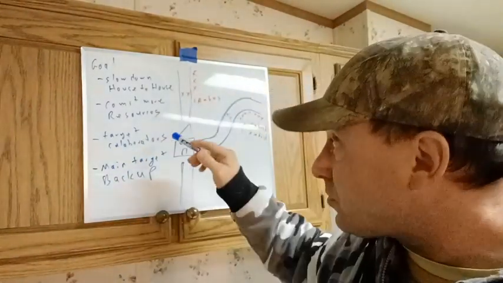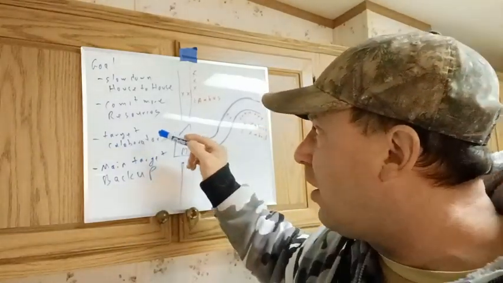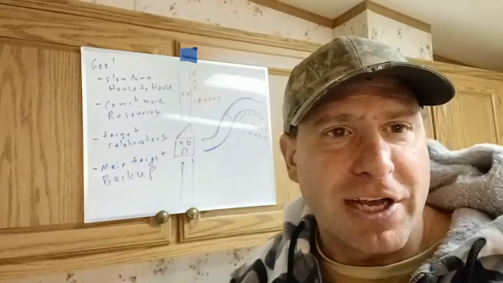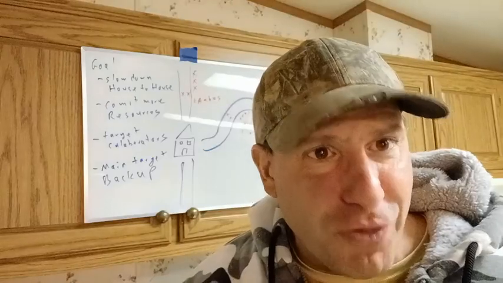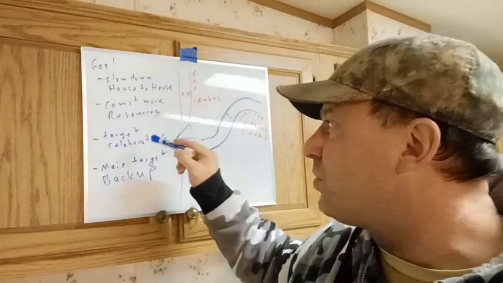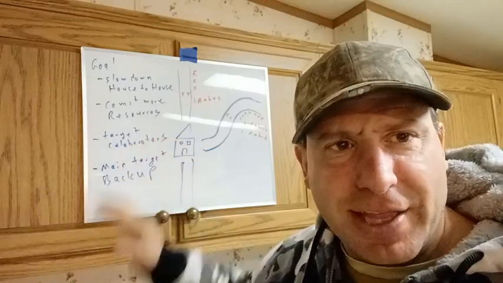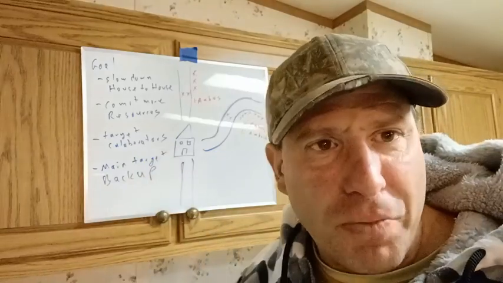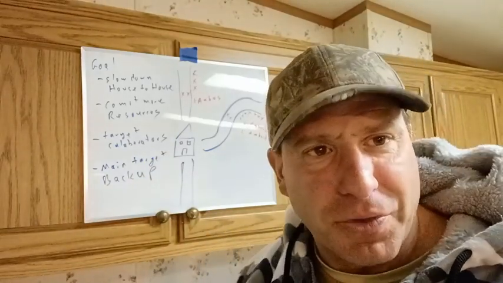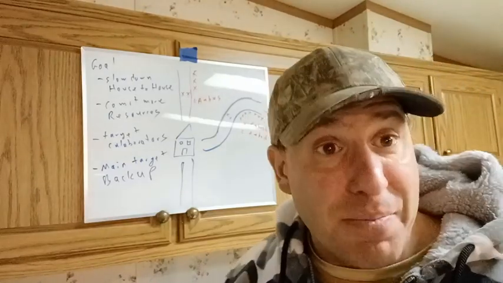Okay, the other thing that we can try and get out of this as a side benefit is to target collaborators, people that we know are collaborating with the Soviet invaders. If we can knock them out or put more heat on them, or cause more mistrust, if we can somehow work that into this plan, that would be that much better.